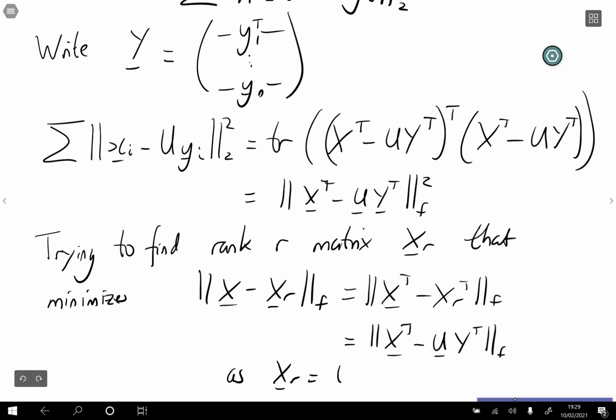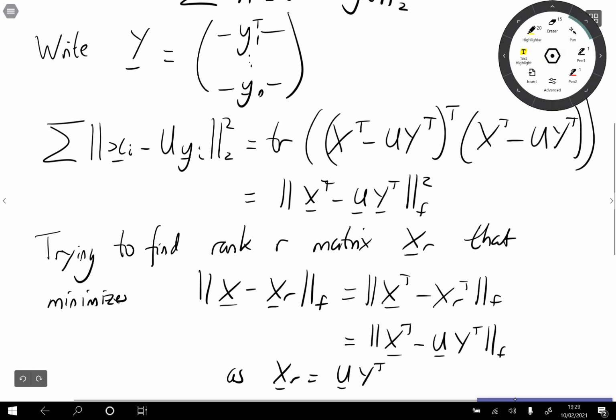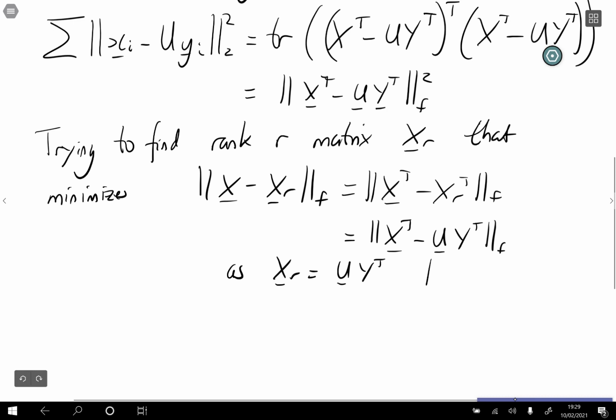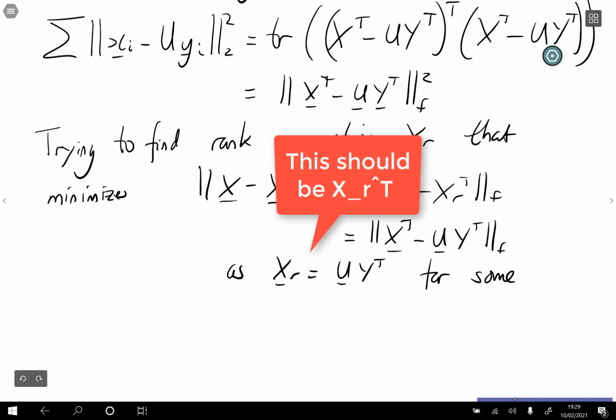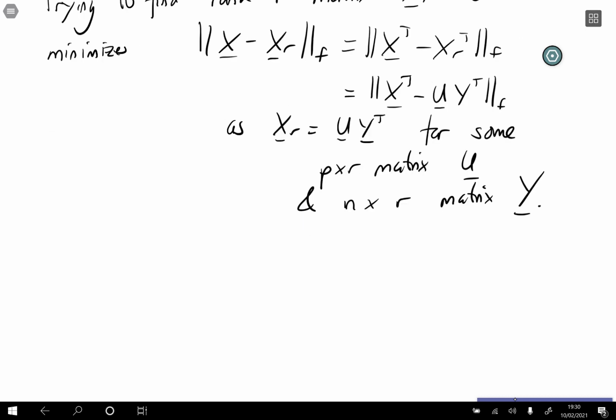If it's rank R, it must be U Y transposed for some P by R matrix U and an N by R matrix Y. Well, we need to choose U and Y here. So let's first think about how we choose Y.